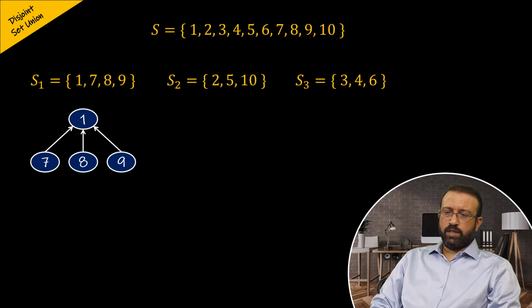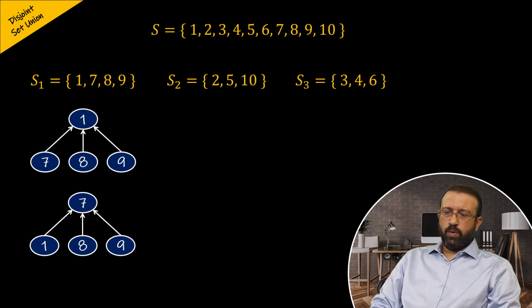Now this representation of disjoint set S1 as a tree is one of the possible representations of set S1. We can have any element as the root. It does not matter. For example, we can also consider element 7 as the root and all the other elements, that is element 1, element 8, and element 9, as its children.